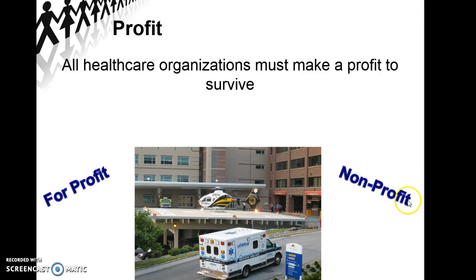A nonprofit organization will take the money they make and reinvest it into the organization. Not saying that for-profits don't, it's just the most simplistic way I can think of to help you know the difference at a glance. Nonprofits need at least 4% profit in order to maintain survival and be able to reinvest in themselves.